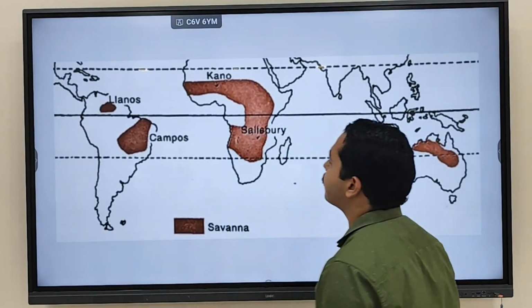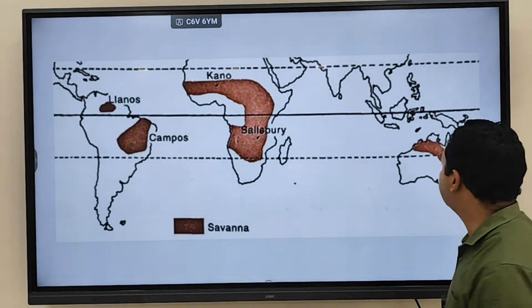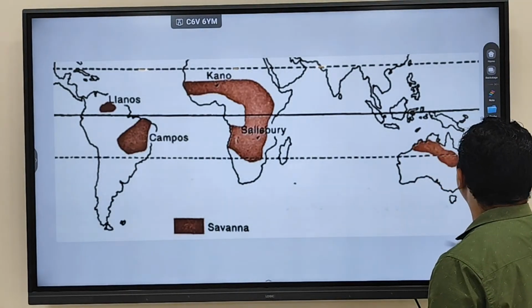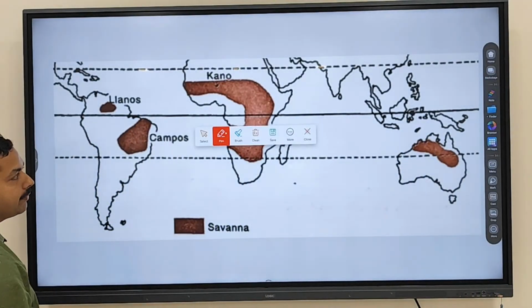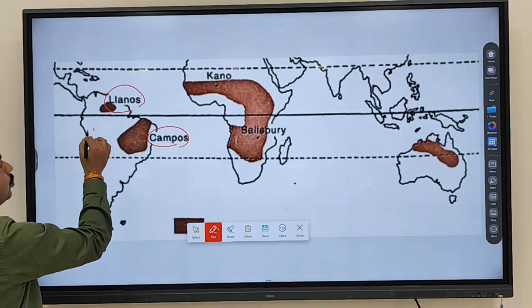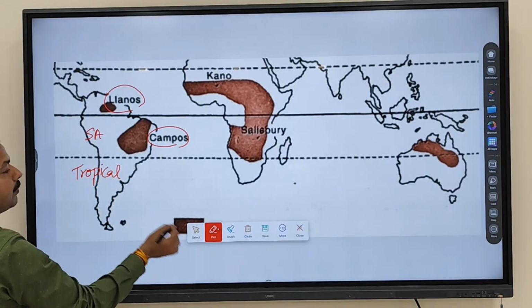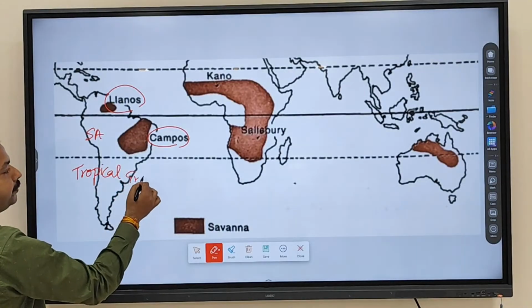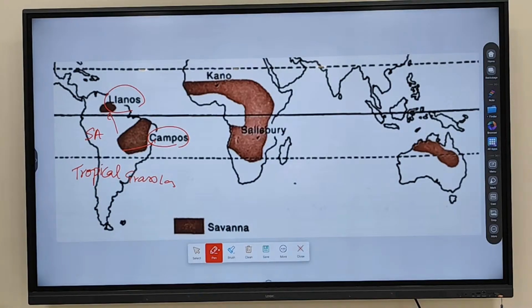So you can see, this is the distribution of which type of climate? Savanna type of climate, also referred to as tropical grassland type of climate. These are known by different names. As you can see, two names are given: Campos and Llanos. So in South America, the tropical grassland or savanna climate is also referred to as Llanos or Campos.